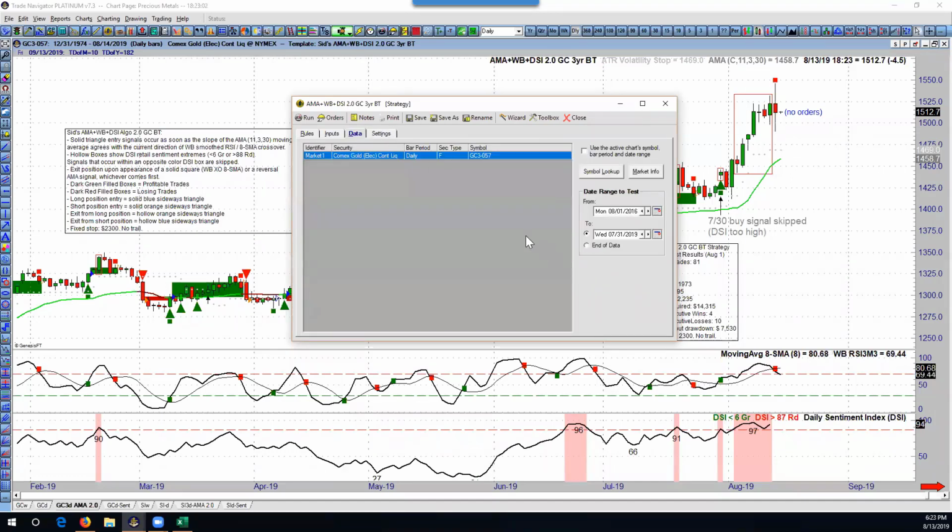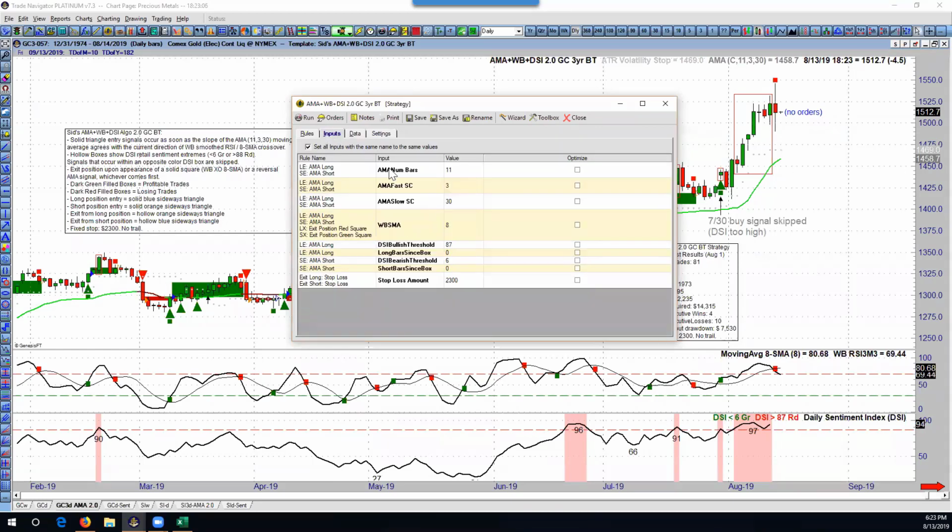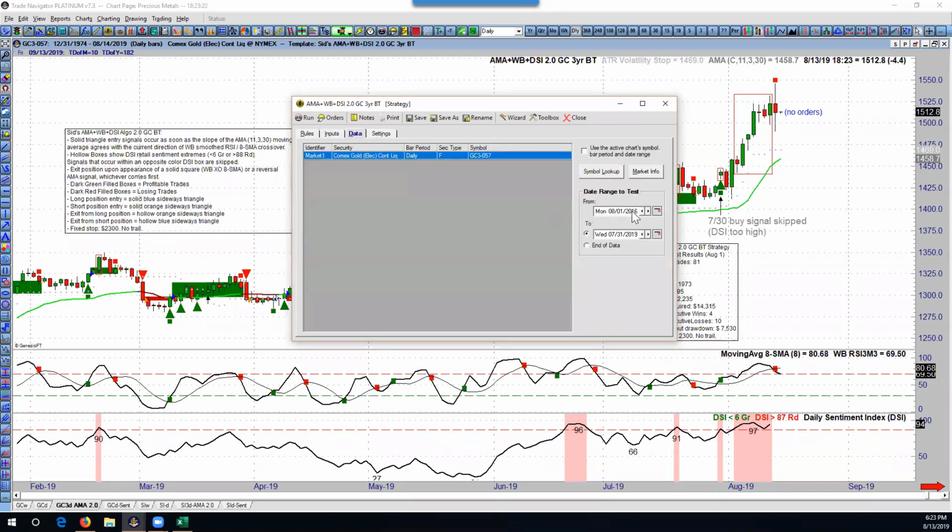What if I start, and notice when we back test it, it won't take a long signal if it's above 87. And I wanted it to look back at that big ramp up in the first half of 2016 to see if that number would have been different if I included that period in the back test. So I'm going to go back 4 years on the back test.